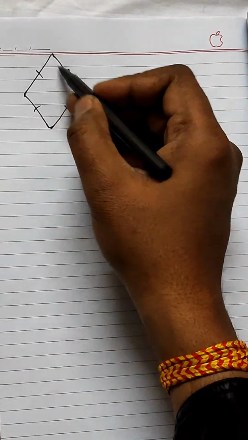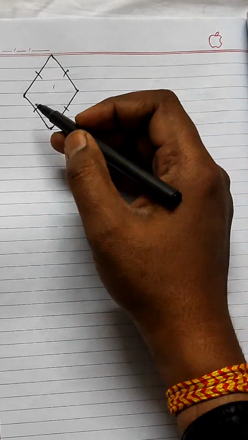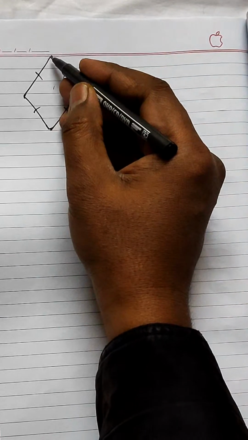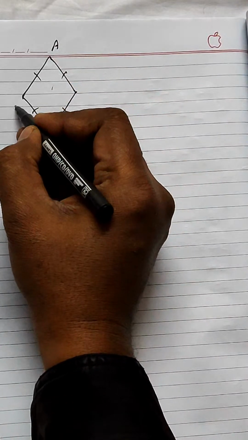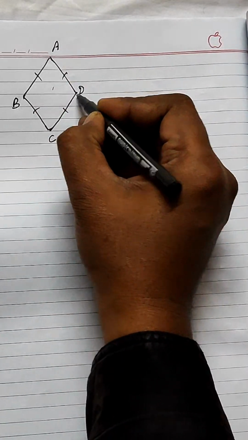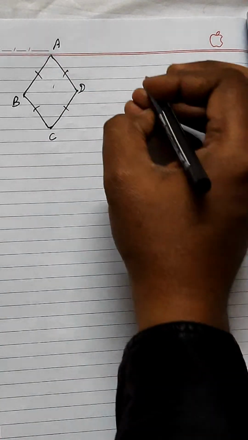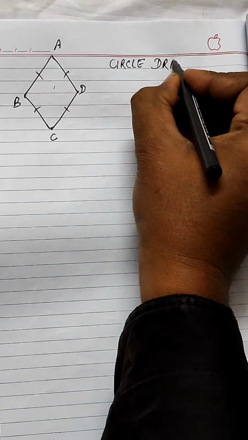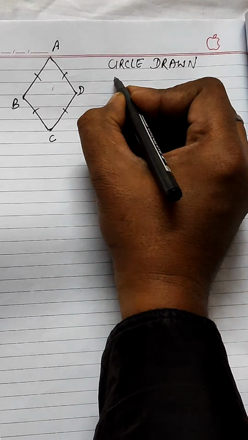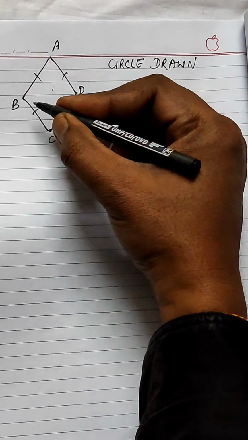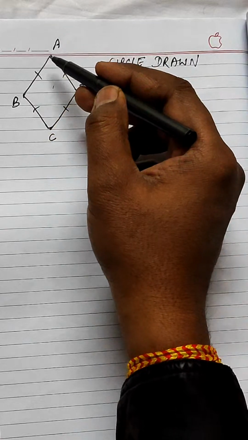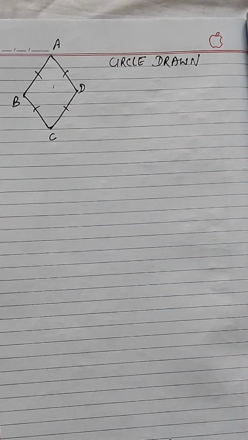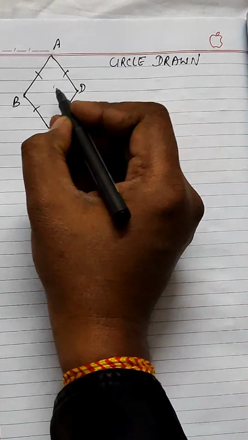So if this is a rhombus and the diagonals intersect at 90 degrees, then we need to prove that a circle drawn with any side of the rhombus as a diameter passes through the point of intersection of the diagonals.